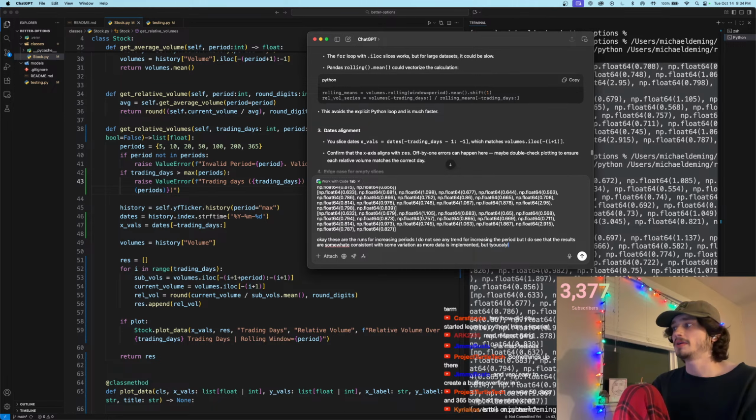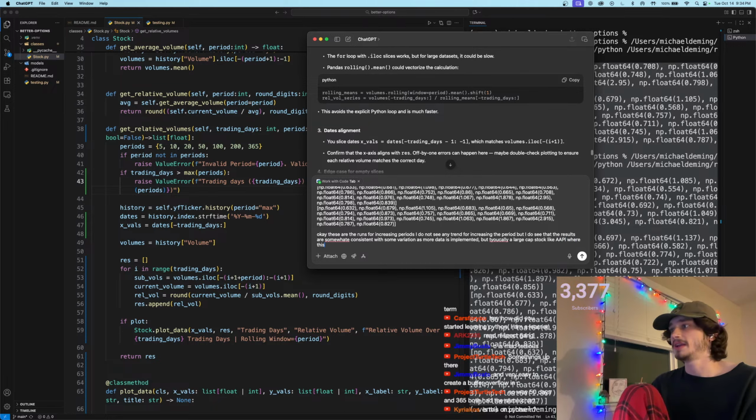But typically, a large cap stock like Apple, where this data comes from, sees somewhat consistent behavior, is my interpretation.